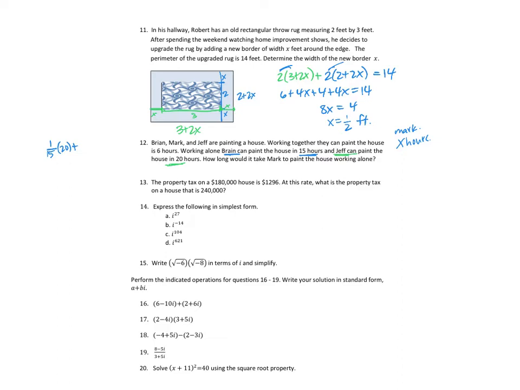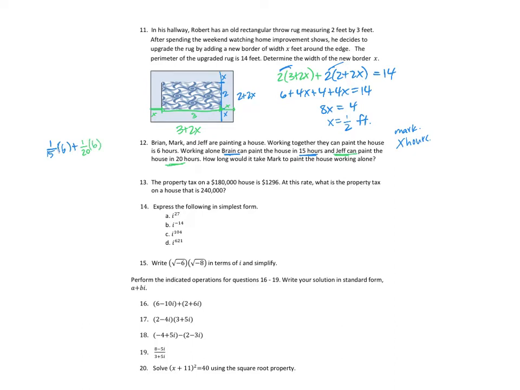Working together they paint it in 6 hours, so he's going to be doing that for 6 hours. So 1/15 of the house for 6 hours. Jeff here is painting 1/20 of the house per hour for 6 hours.